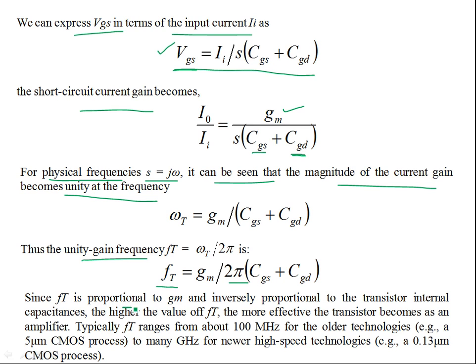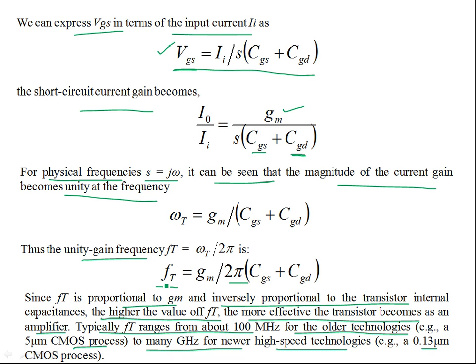Since Ft is proportional to gm and inversely proportional to the transistor internal capacitances, the higher the value of Ft, the more effective the transistor becomes as an amplifier. Typically Ft ranges from about 100 megahertz for older technologies, for example 5 micrometer CMOS processes, to many gigahertz for new high-speed technologies like 0.13 micrometer CMOS processes.